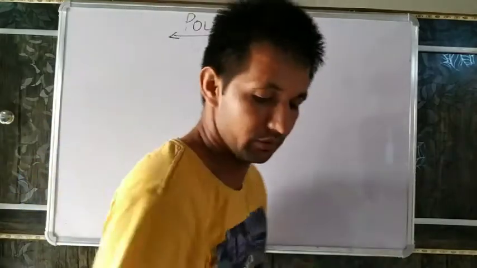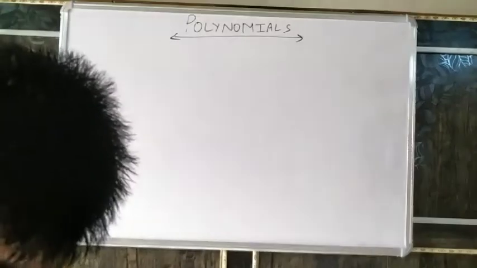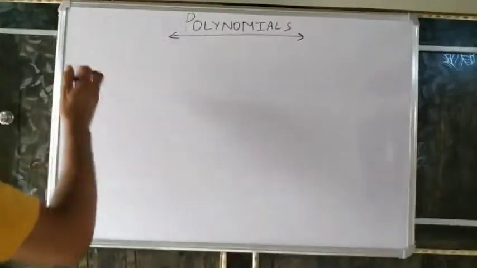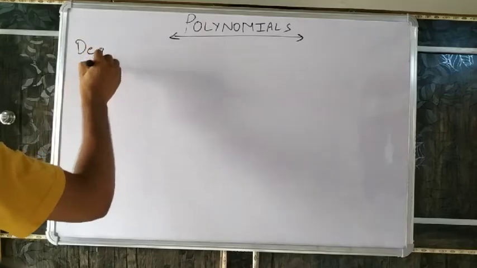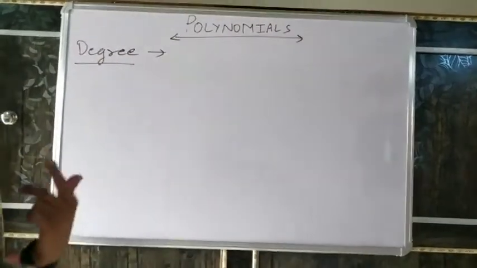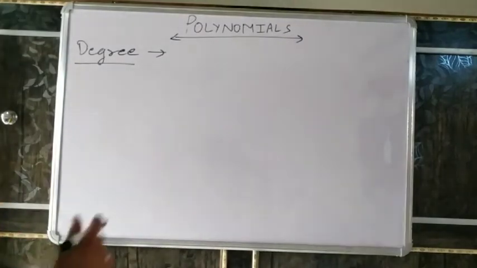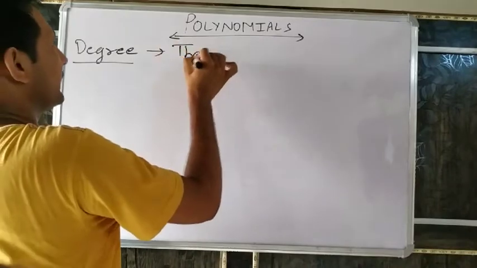Now we will learn coefficient. Yes. Now we will discuss what is degree. How we will find the degree of any polynomial is very important. So first write the highest power.